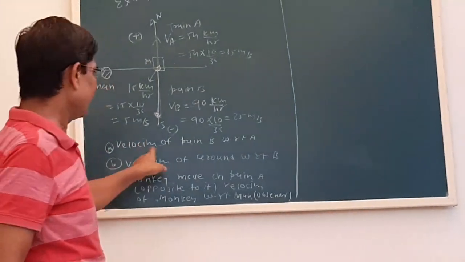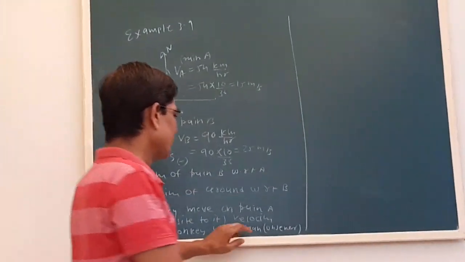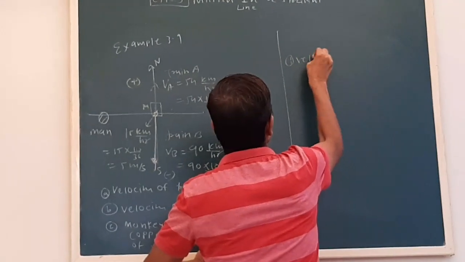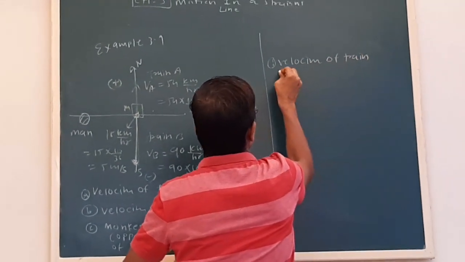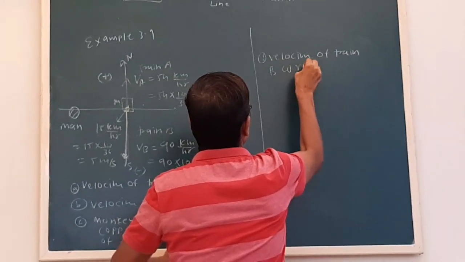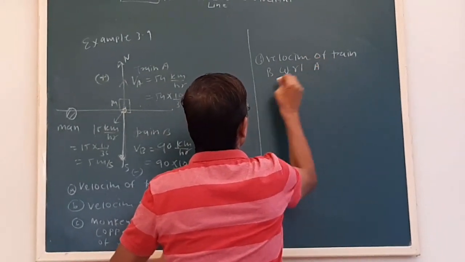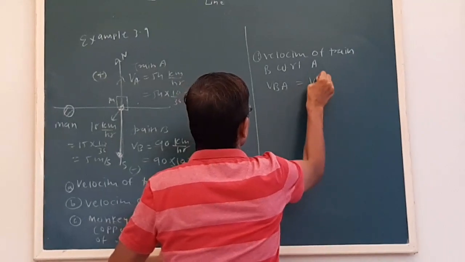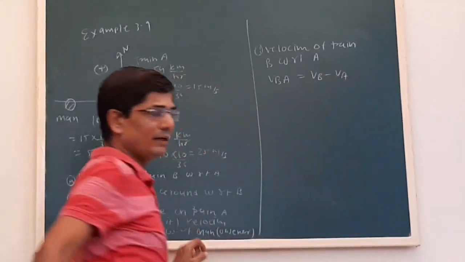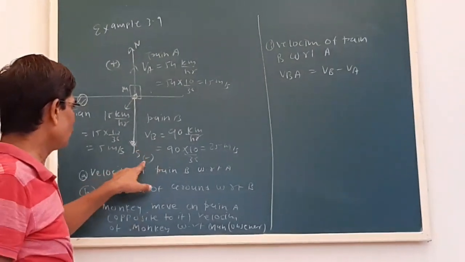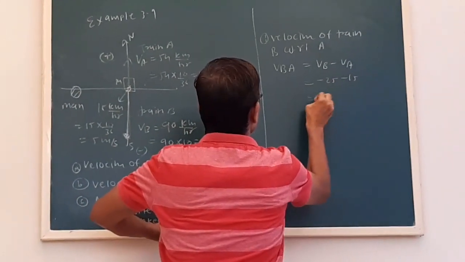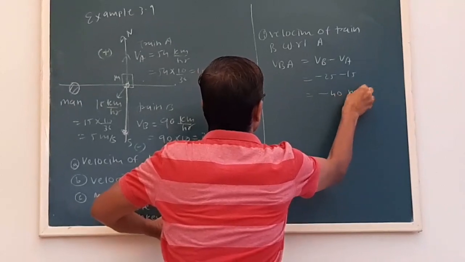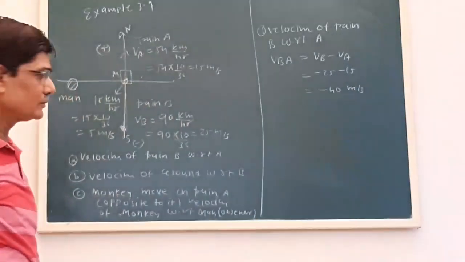Now see here, first we have to find out the velocity of train B with respect to A. Here that is VBA. Okay, see by convention VB we have to take negative. See, that will be our first answer.